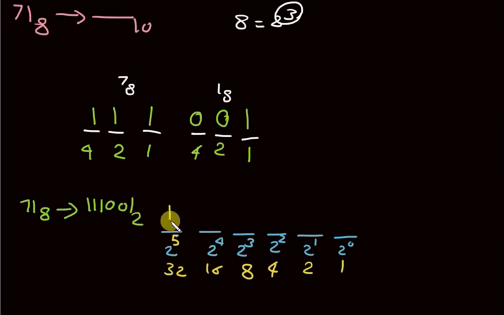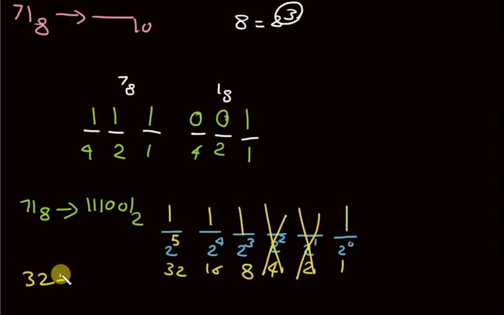Now I have 1 here, 1 here, 1 here. I have 0, so this will cancel out, this will cancel. This one is 1. So that means I have to add 32 plus 16 plus 8 plus 1 to get 71.